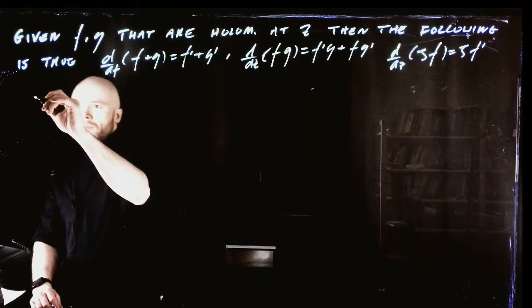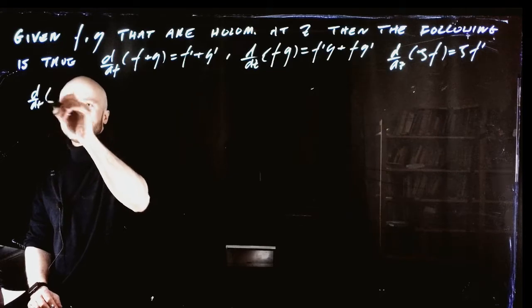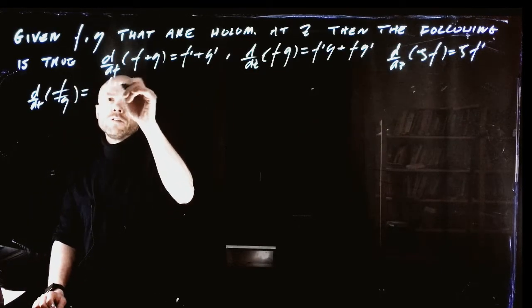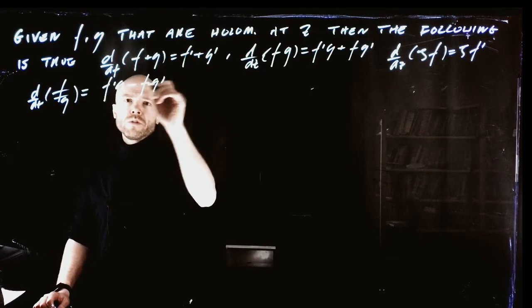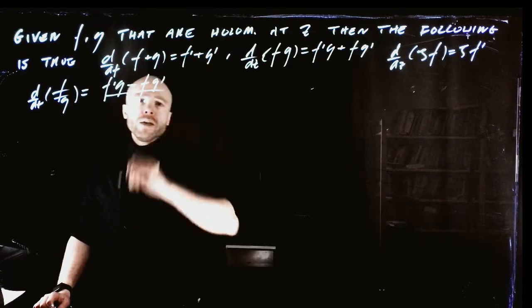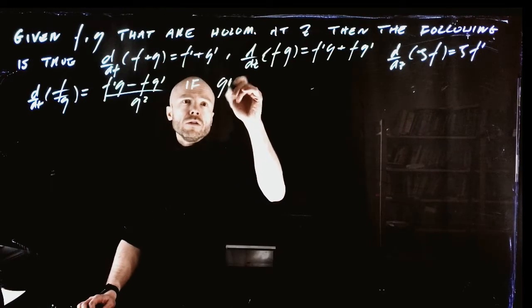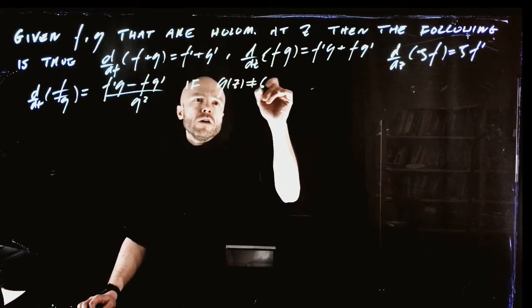And if we take the derivative of f over g, this is f prime g minus f g prime over g squared, okay? Whenever or if g of z is not equal to 0.